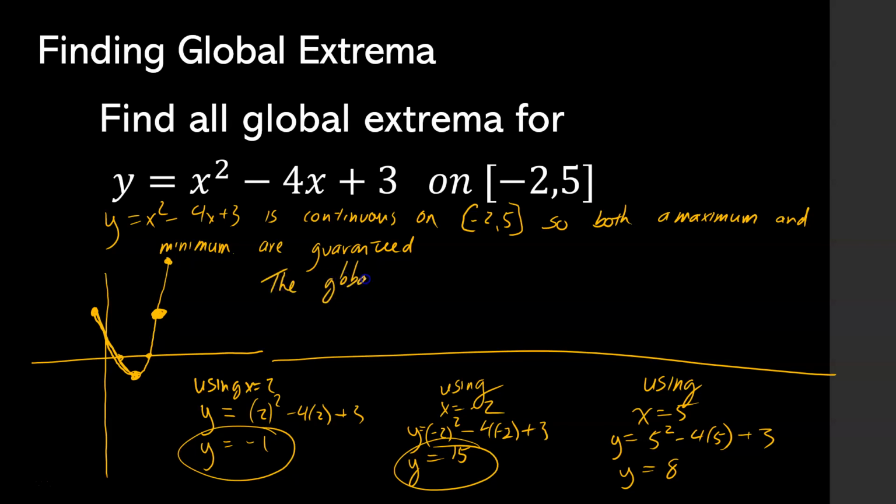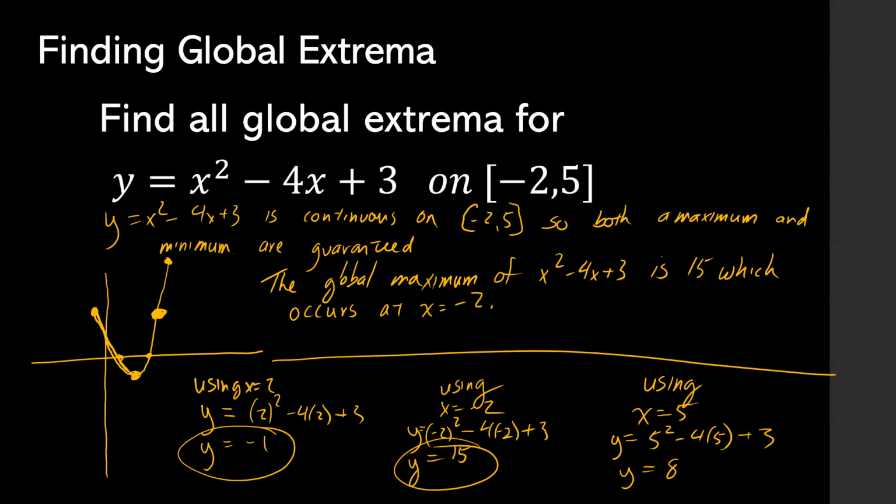The global maximum of x squared minus 4x plus 3 is 15, which occurs at, where did it occur? x equals -2. Okay.